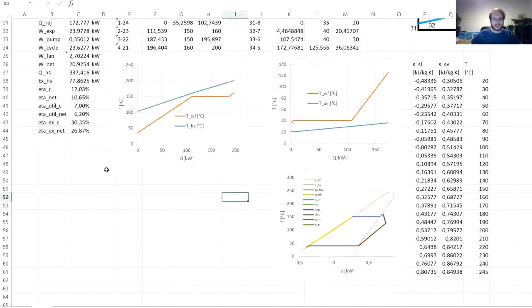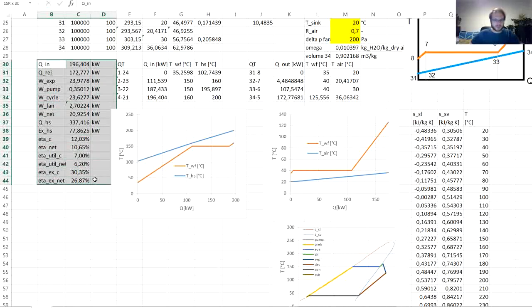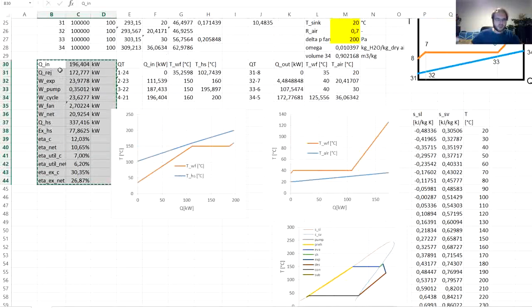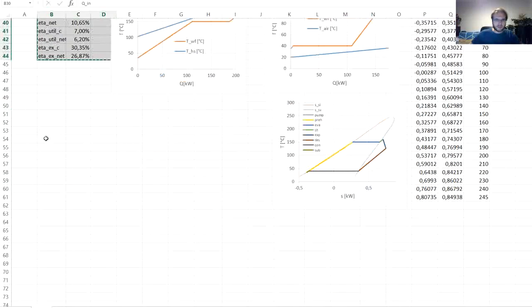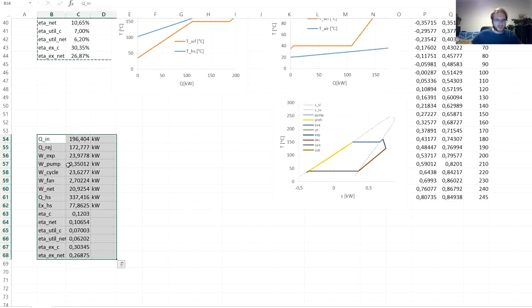Now we will have a look at sensitivity analysis of the cycle parameters and also do some optimization out of it. So let's copy the cycle parameters that we had here somewhere where you have space, and copy it just as values.